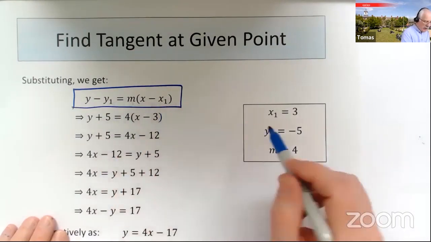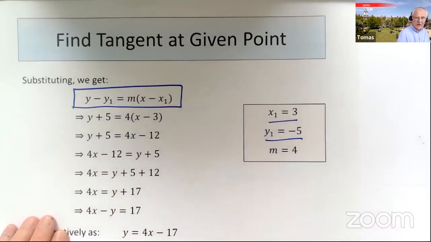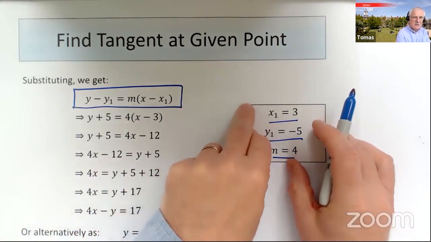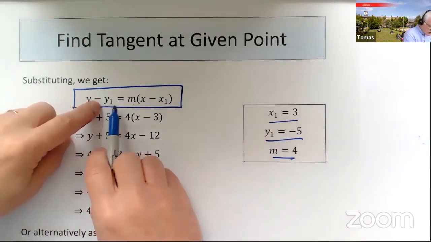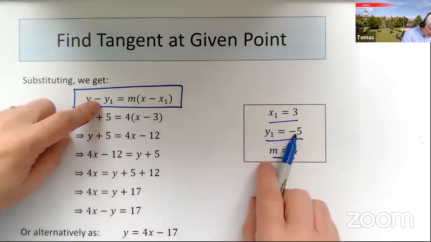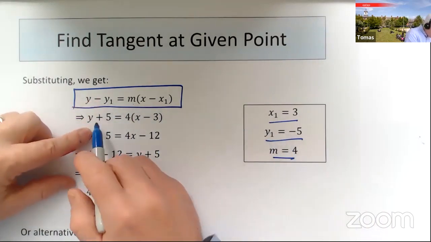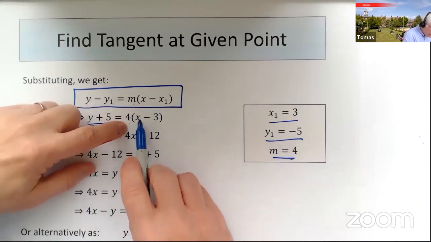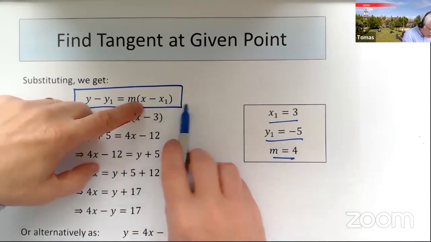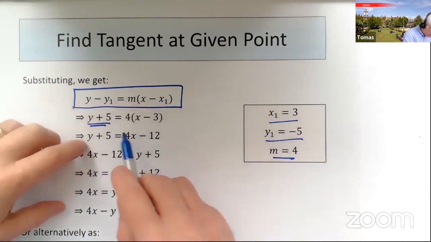The x1, y1 is (3, -5), and m is 4. So we just copy the numbers in. y minus y1 is minus minus 5, which is plus, so y plus 5. m is 4. x minus x1, x1 is 3, so x minus 3.